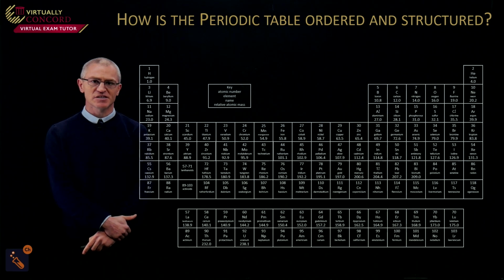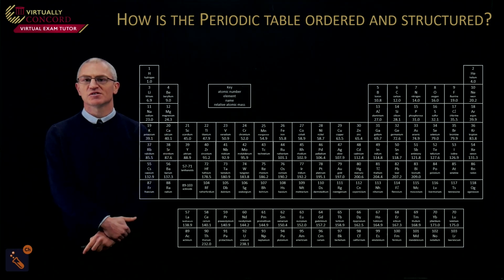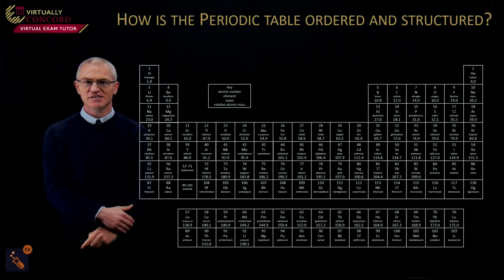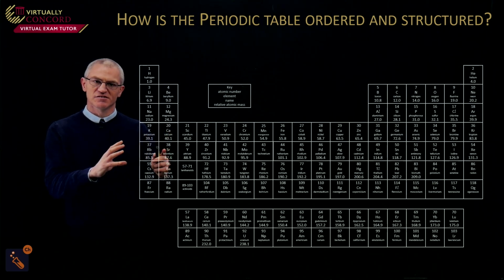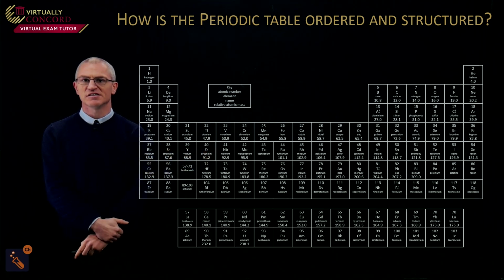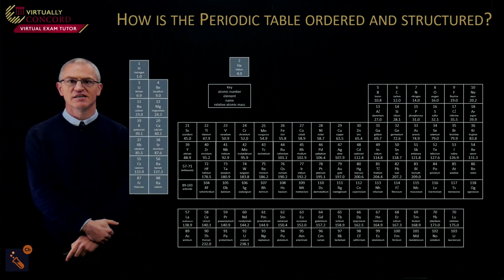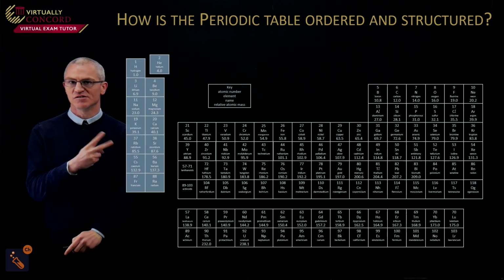Now, the periodic table itself is ordered and structured in a slightly different way. So if we look here, it's proton number, yes, but it's also split into subshells. So each shell of electrons has a subshell within it, and that subshell is structured in the periodic table, and you can see it. So let's start with the S subshell, also known as the S block. So if I call it block or subshell, they're interchangeable.